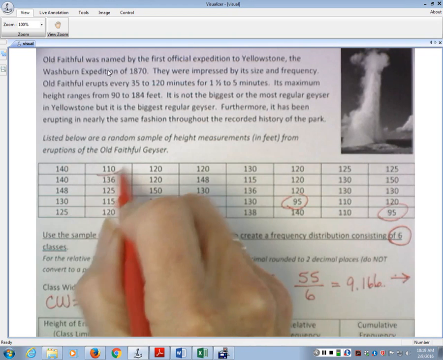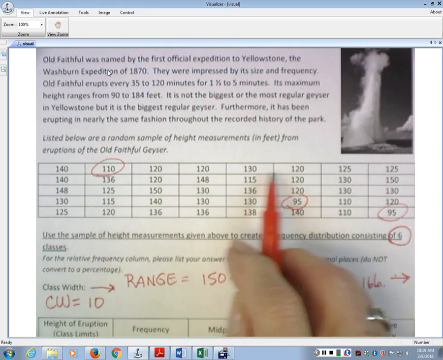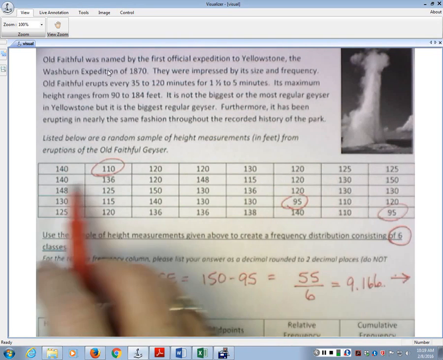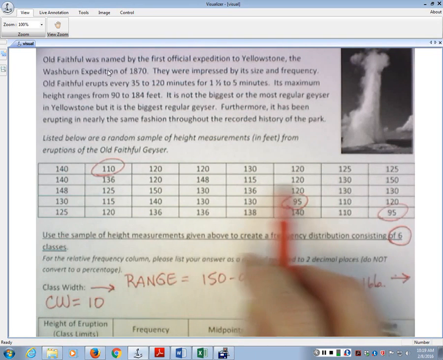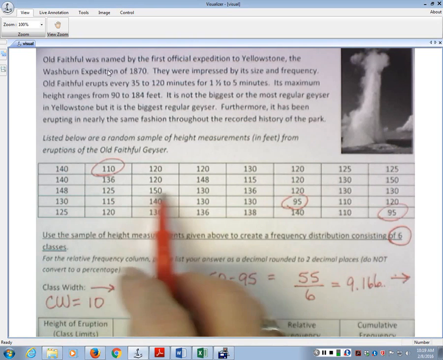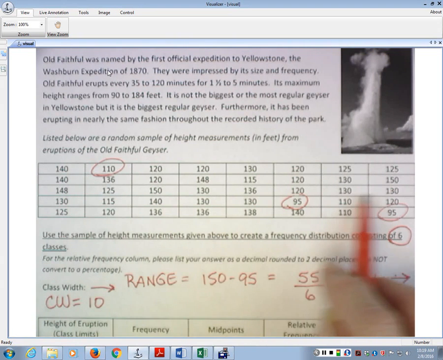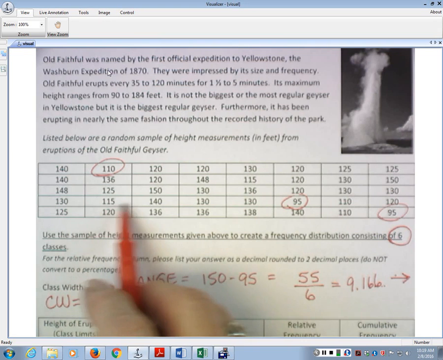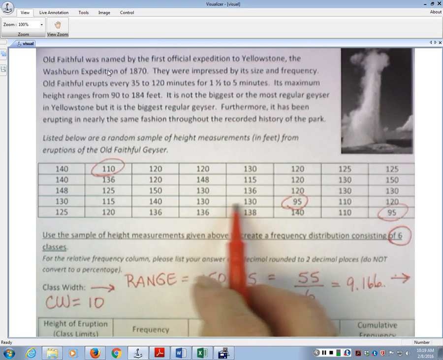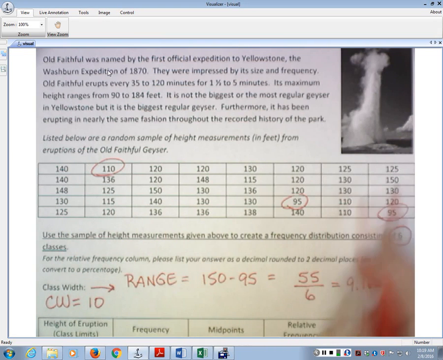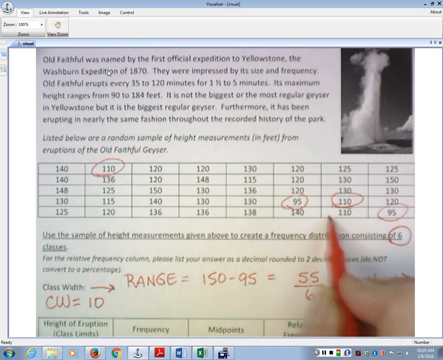There's 1. Two, and then the one right under it makes 3.